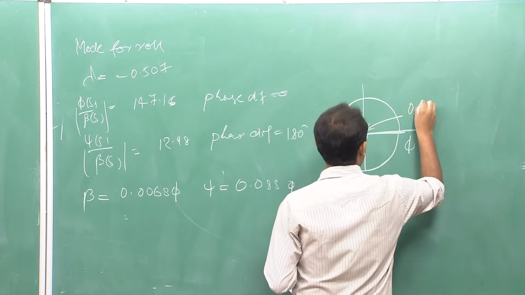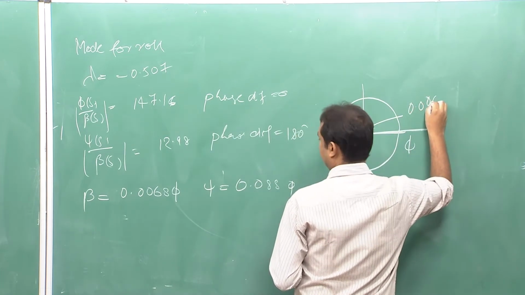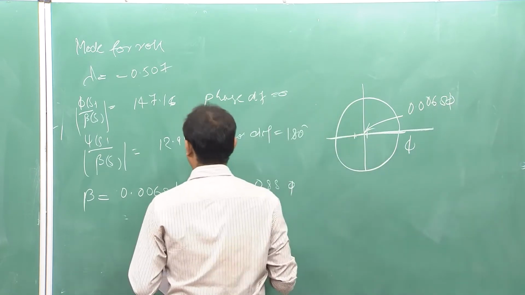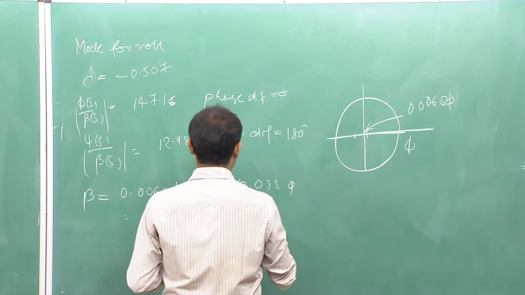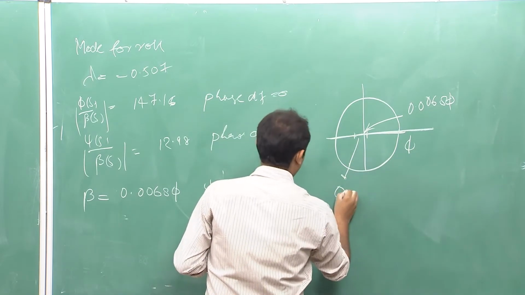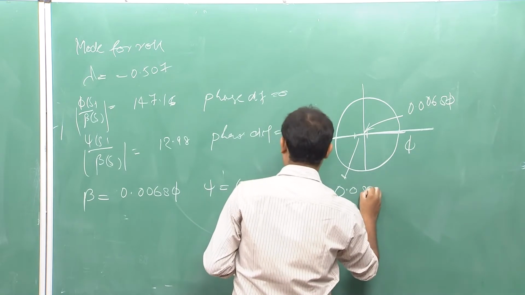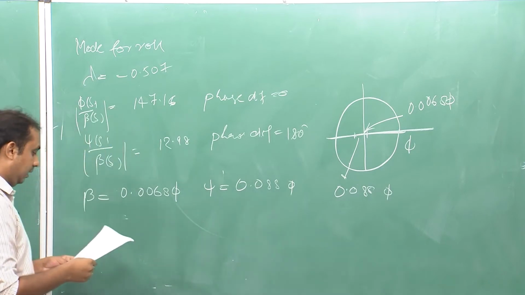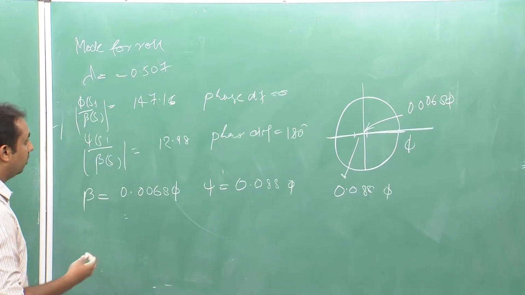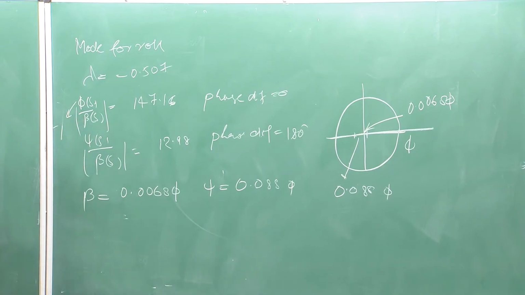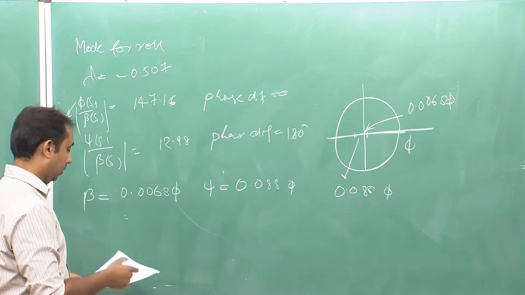This will be 0.00685 and your psi and phi relation will be 0.0885. Now from this analysis, you can see for rolling mode, phi, the bank angle, is dominant for roll mode.